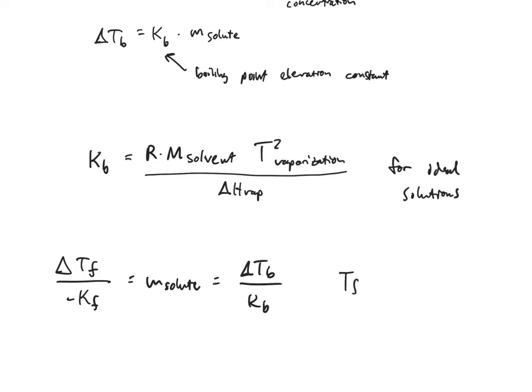So another way to say this is that that shift in the freezing point is just an algebraic relation between those freezing point and boiling point elevation constants times that change in the boiling point.